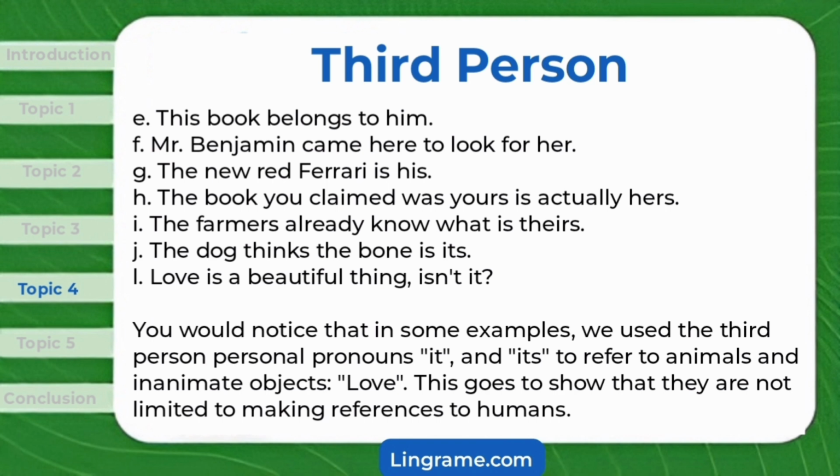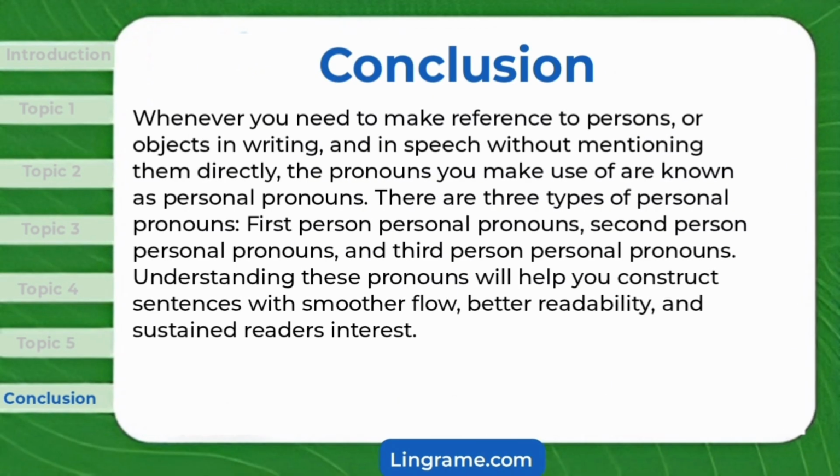You would notice that in some examples, we used the third-person personal pronouns it, and its to refer to animals and inanimate objects, like love. This goes to show that they are not limited to making references to humans. Whenever you need to make reference to persons, or objects in writing, and in speech, without mentioning them directly, the pronouns you make use of are known as personal pronouns.